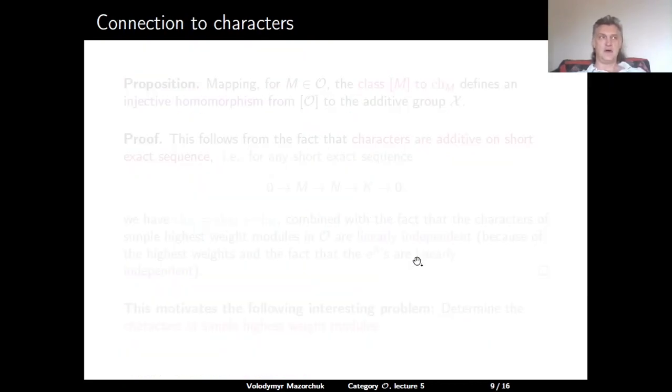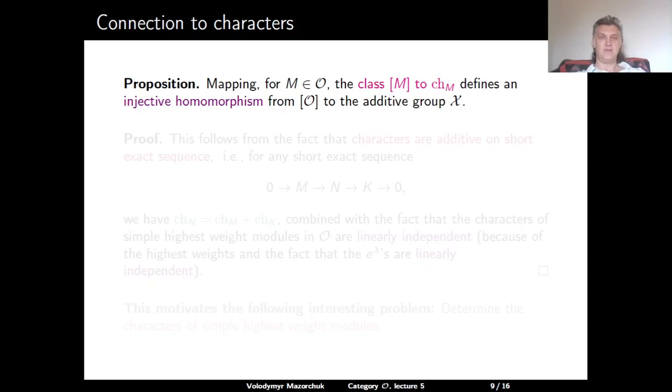So now, how is the notion of the Grothendieck group connected to that of characters? We claim that for a module M in O, the mapping from the Grothendieck group of O to our additive group X, which maps the class of M to the character of M, is an injective homomorphism of abelian groups.